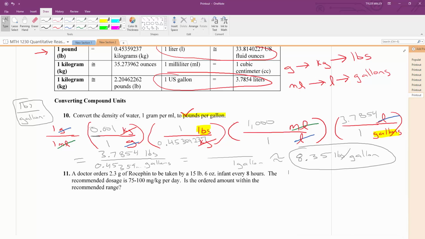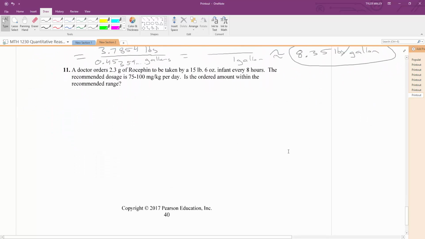All right. So in the last problem, it deals with a doctor ordering some medicine, and we want to know, is the recommended dosage within a safe range? So let's look at the facts of what we're given. We ordered 2.3 grams of medicine.